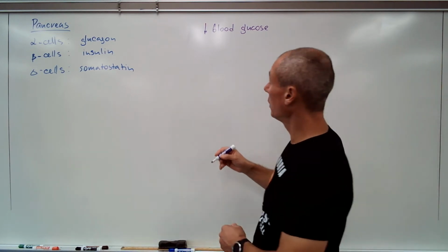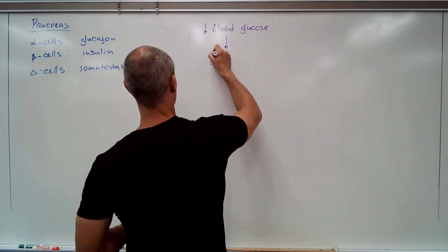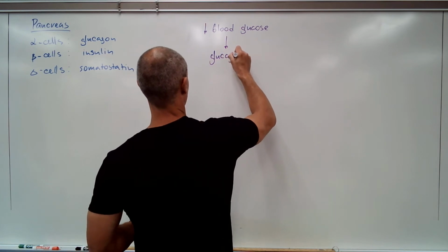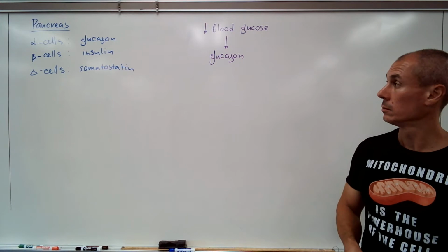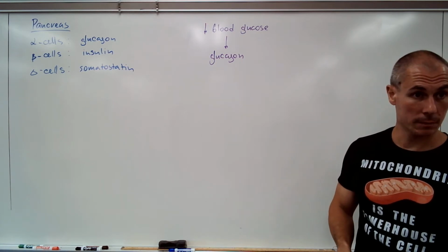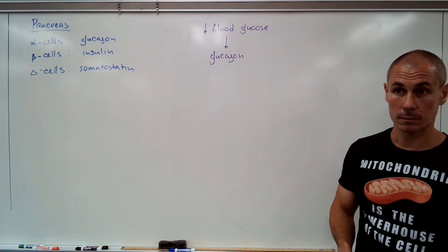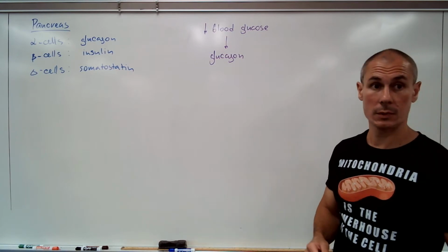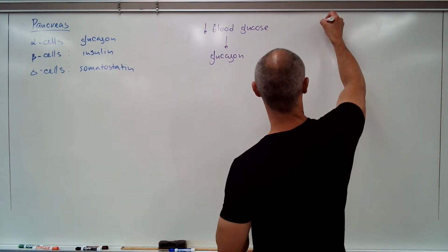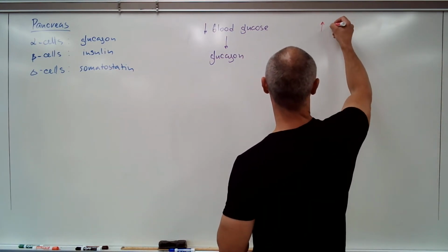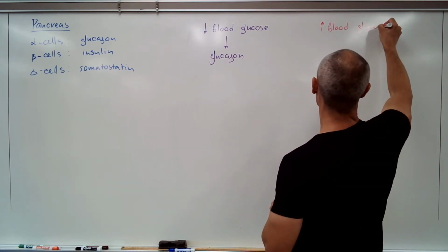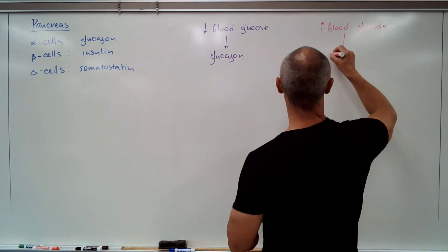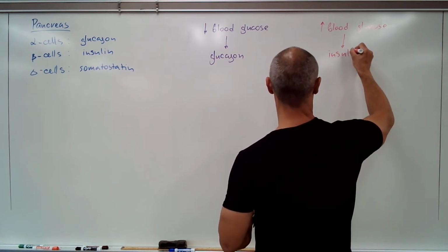That results in the release of glucagon from the alpha cells. Am I clear? Good? Next to it, I'm going to position insulin. So we have increased blood glucose, which results in the release of insulin.